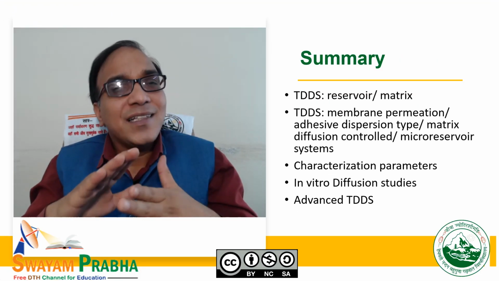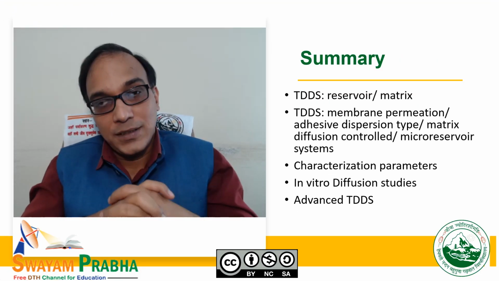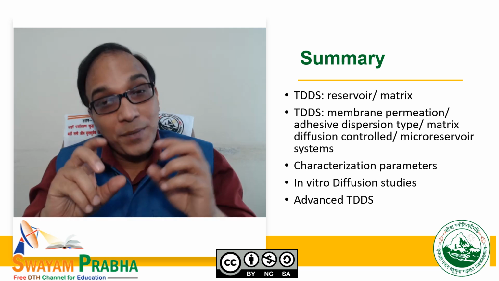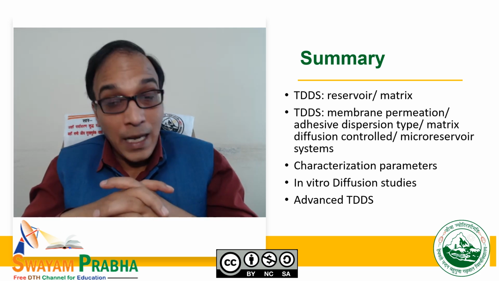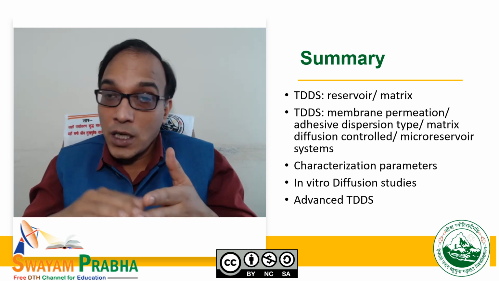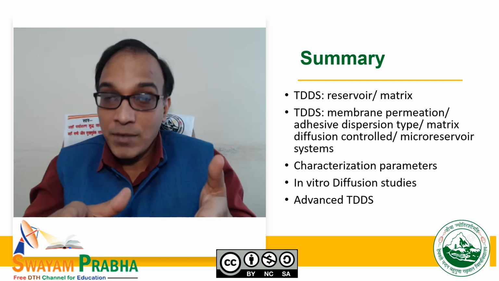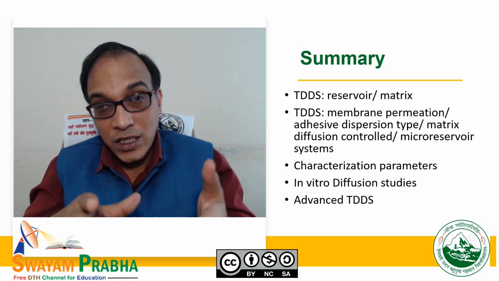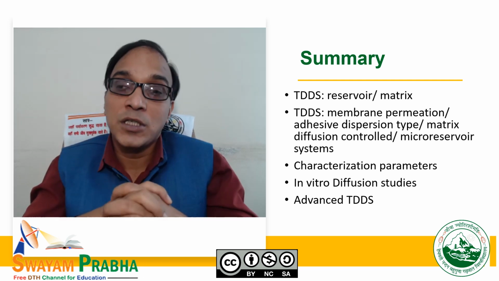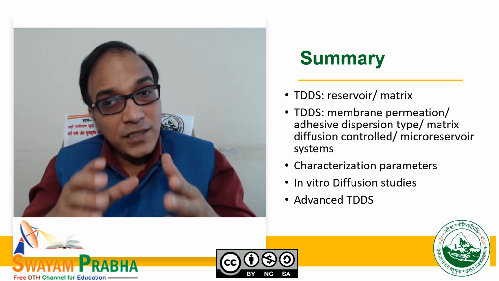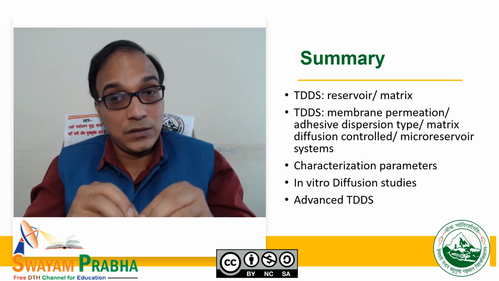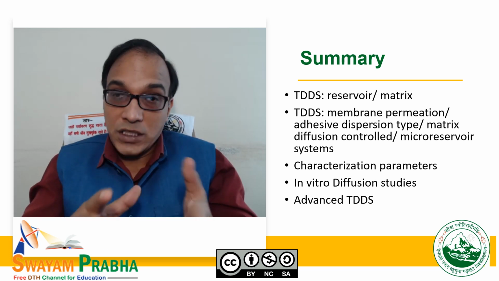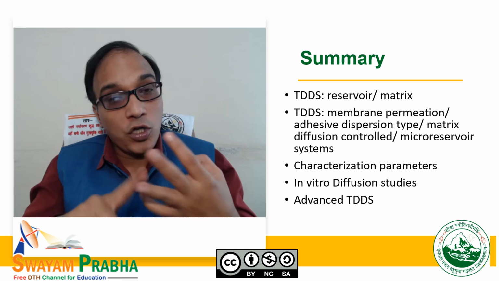Now let us summarize what we have learned. In our previous lecture, we discussed the basic concept of percutaneous absorption of drug across the skin, how mathematical modeling is done, and what the advantages and limitations of transdermal drug delivery systems are. Now, as far as the preparation method which we discussed in this lecture, the transdermal drug system may be a reservoir or a matrix system.